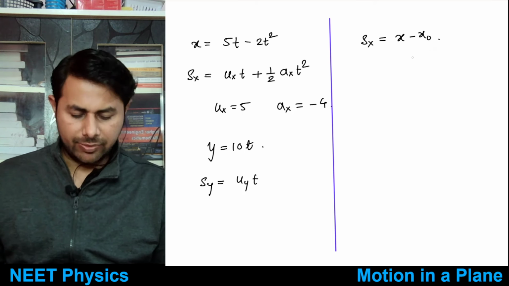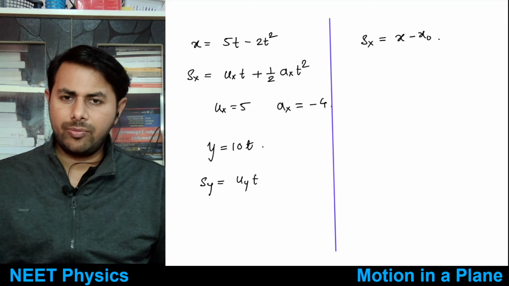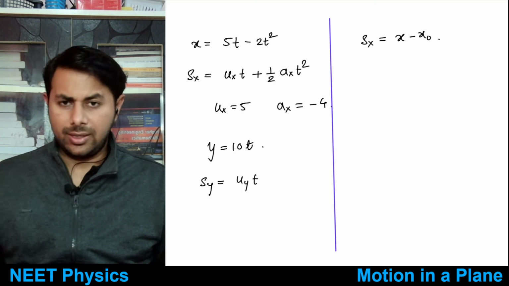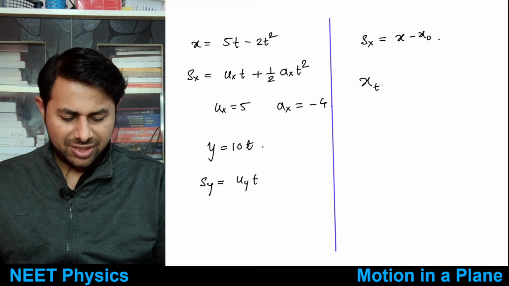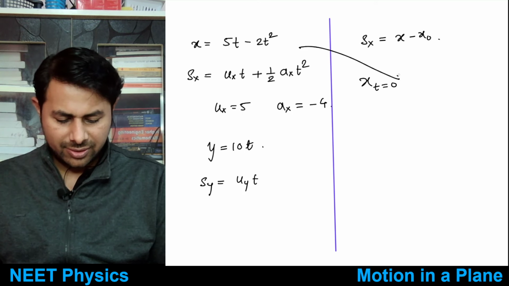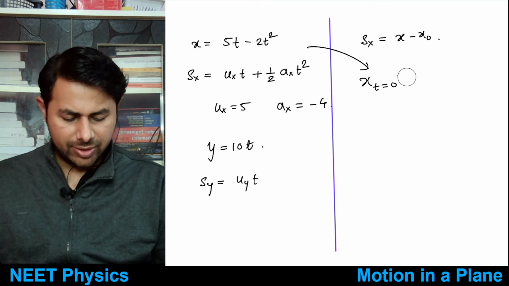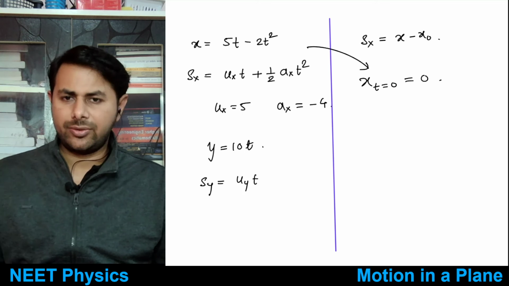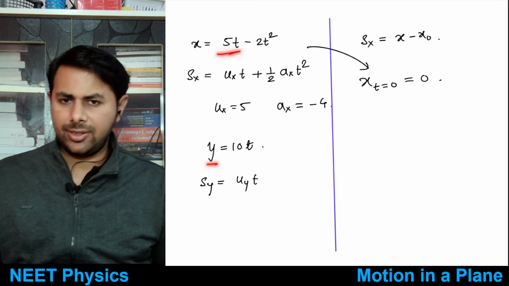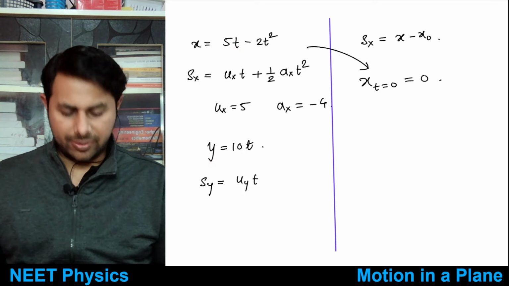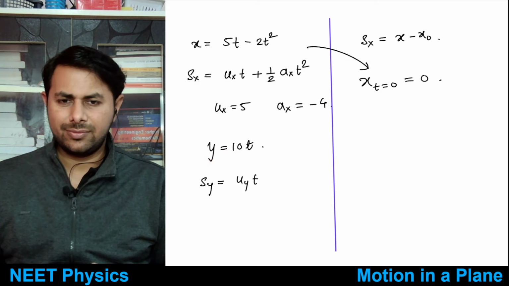So where is this particle starting from? It is starting from the origin at time t equal to 0, and you can find that also. What will be x at t equal to 0 from this equation? Put t equal to 0, you get 0, right? So x0 is just 0, y0 is just 0 if there is no constant term. This thing is clear, everyone?